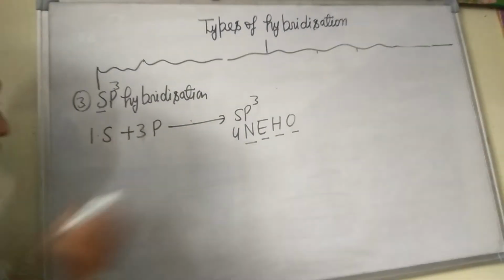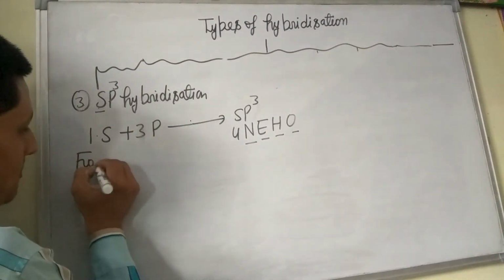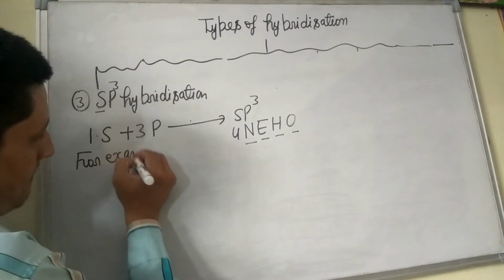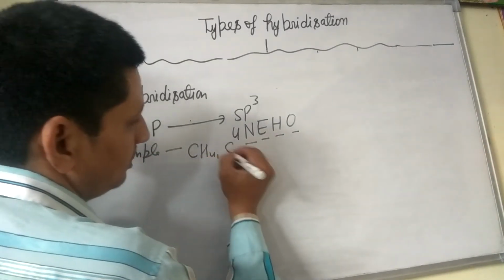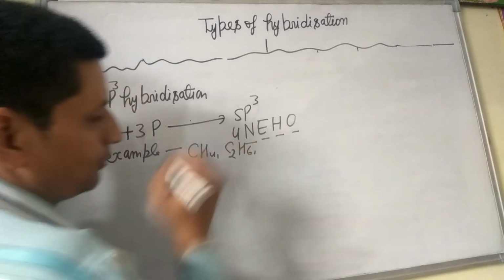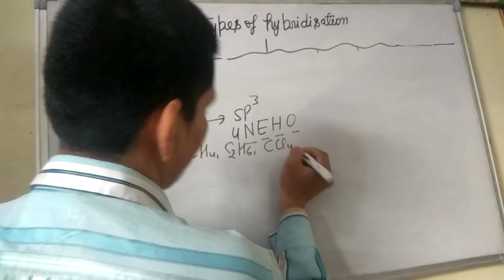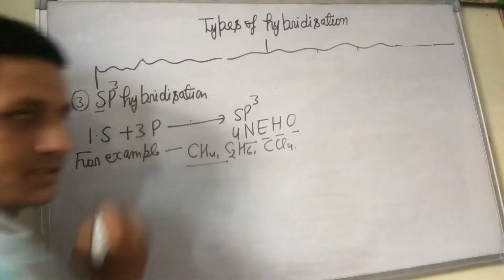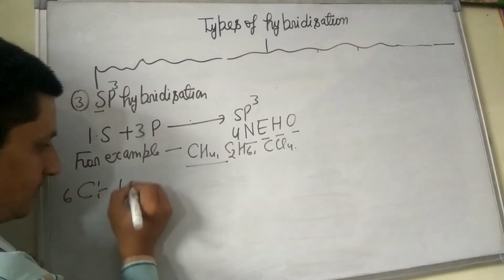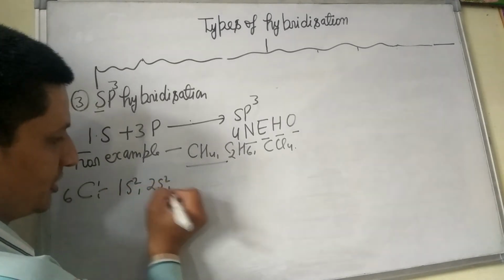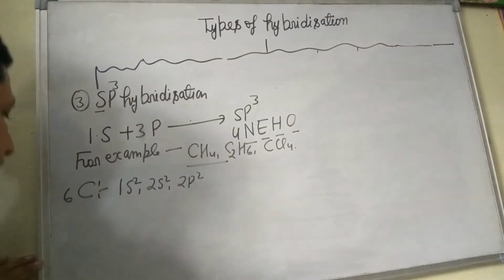For example, CH4 methane molecule, C2H6 ethane molecule, CCl4 carbon tetrachloride. Now we will discuss CH4. Atomic number of carbon is 6, electronic configuration 1s2, 2s2, 2p2.